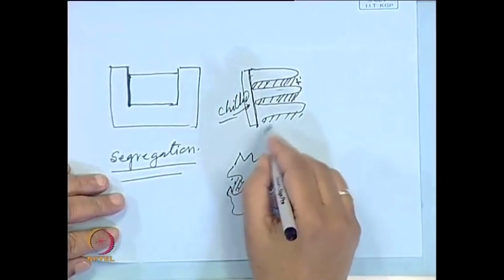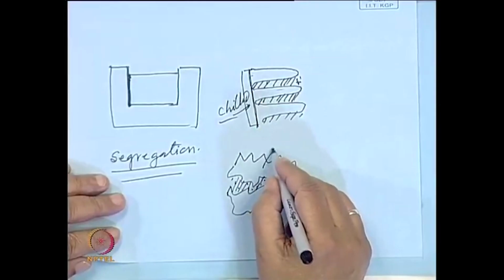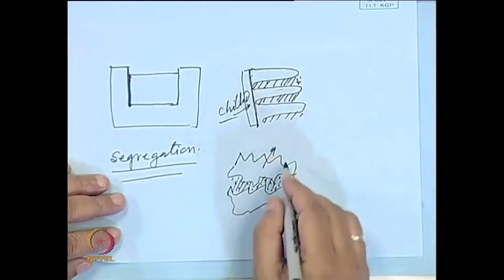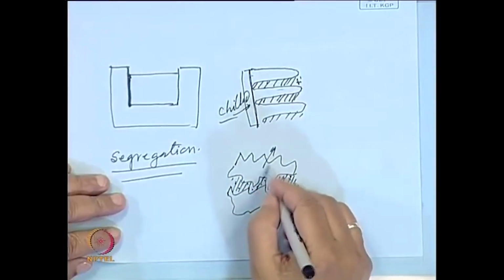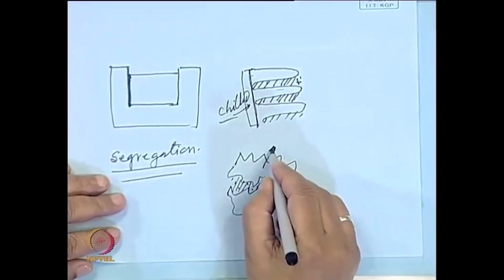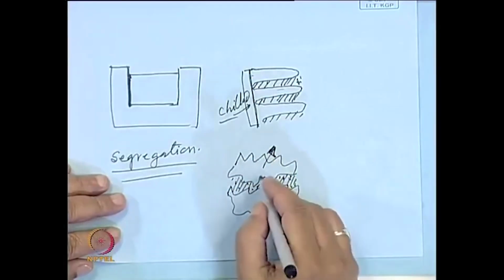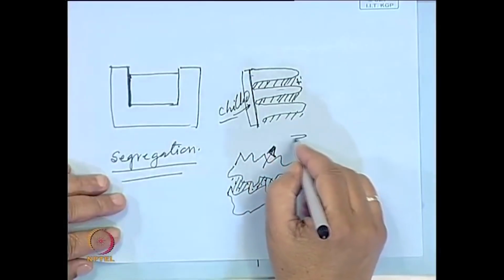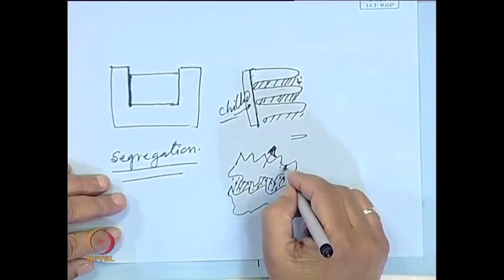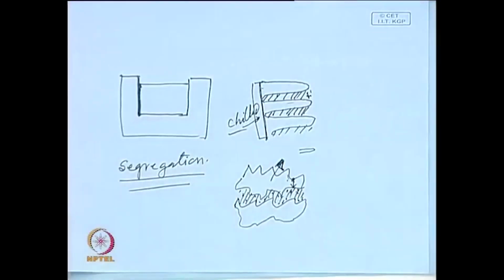And if you want to make this dendrite uniform in composition, you have to heat it, and if this dendritic structure is very coarse, in that case you may have to heat it for a very long time to make the composition uniform. But if the dendrites are smaller, if these cells are thinner, or if these dendritic arms are thin, in that case the time required for homogenization is small.